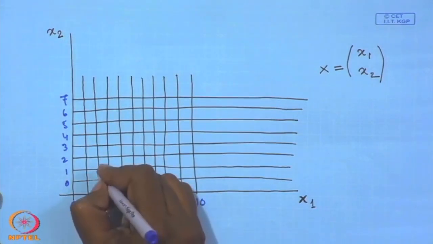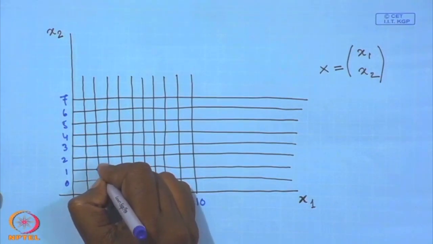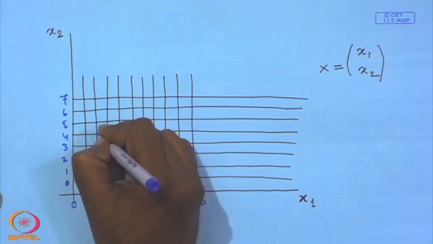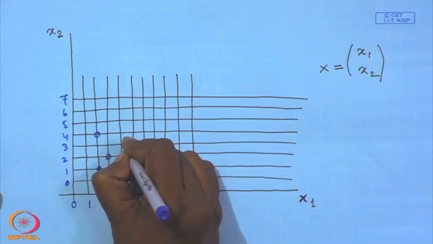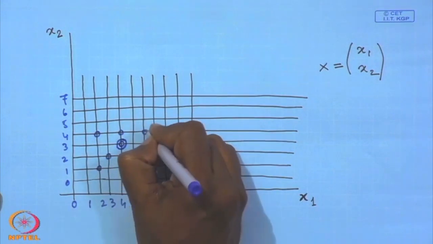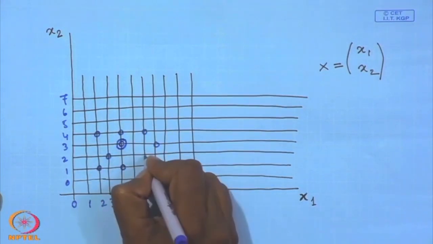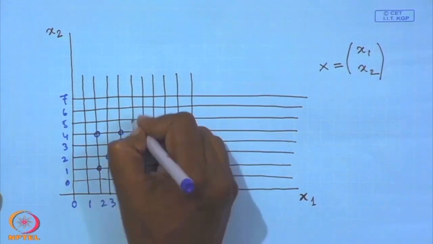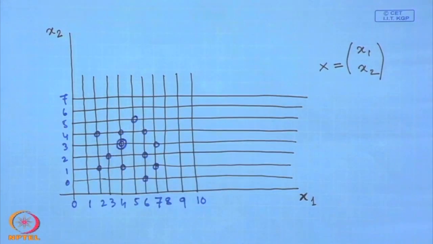Suppose I have been given samples of this form: one sample over here, one sample here, one sample here, one sample here. Let us assume that we have got two samples here, then one sample here, one sample here, one sample here, one sample here. So, these samples are arbitrarily distributed.